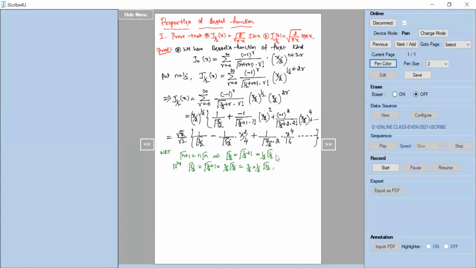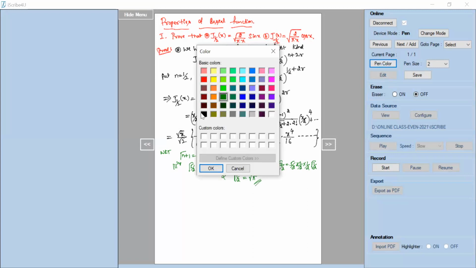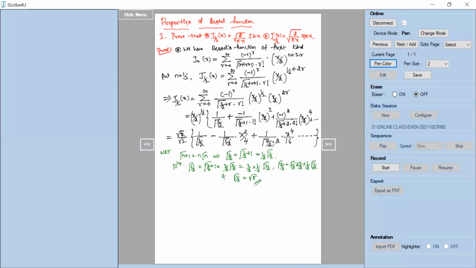Similarly, gamma 7 by 2 is 5 by 2 into 3 by 2 into 1 by 2 gamma 1 by 2, just by using this property n gamma n. And we have gamma 1 by 2 equal to square root of pi. So these are the standard properties of gamma functions that I'm going to use in this equation.